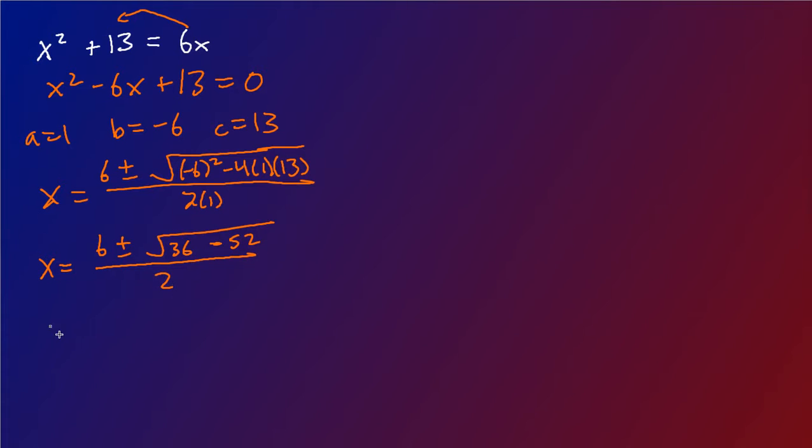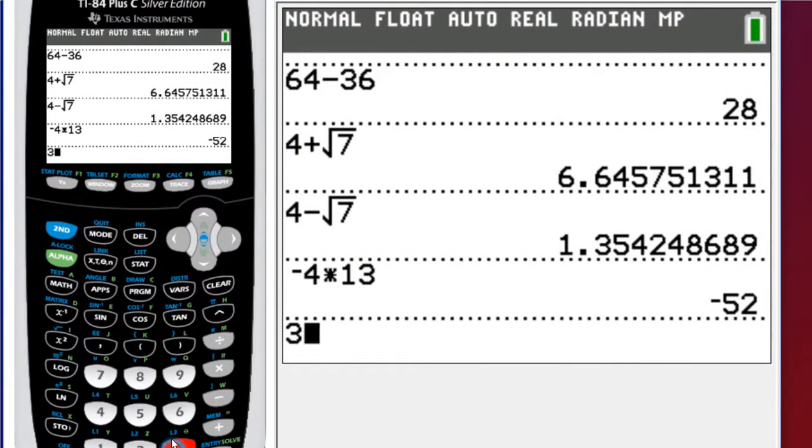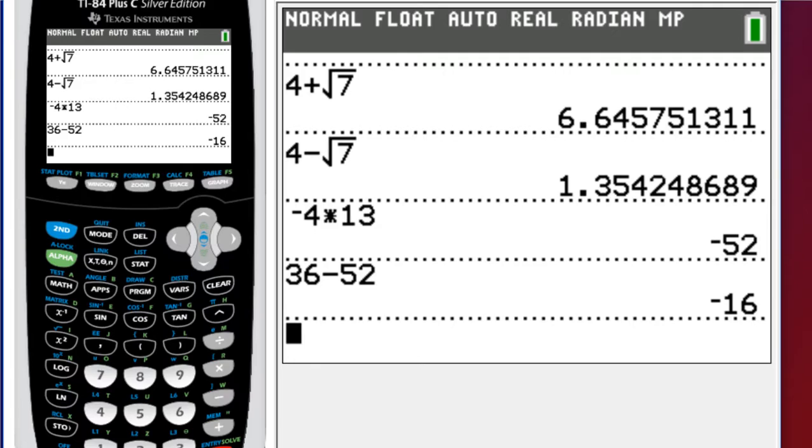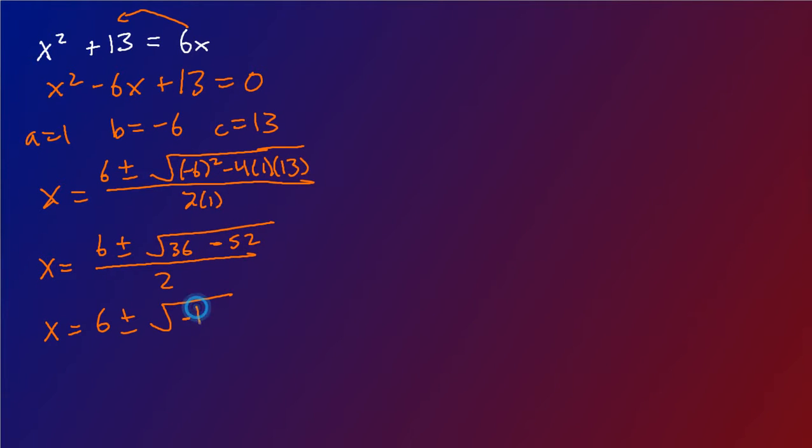And we see something strange is going to happen. I'm going to have 6 plus or minus square root. Now I have 36 minus 52. So 36 minus 52, and I get negative 16. So negative 16 right here, all over 2. So from when we did complex numbers, I can actually deal with this. So I can split it into 16 and square root of negative 1. And square root of negative 1 is i, and the square root of 16 is 4.